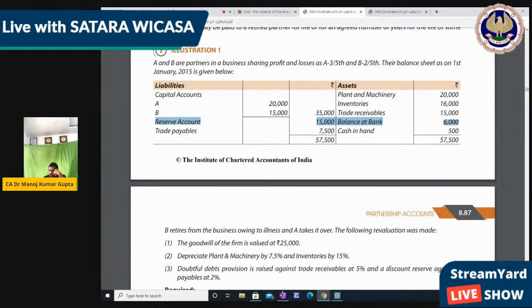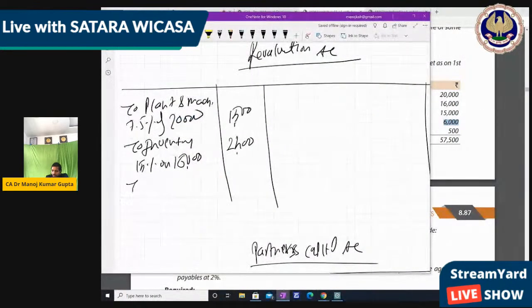Next, doubtful debts provision raised against trade receivable at 5% and discount reserve against trade payable is 2%. So trade receivable 5%, so to RDD, 5% on 15,000, 750.